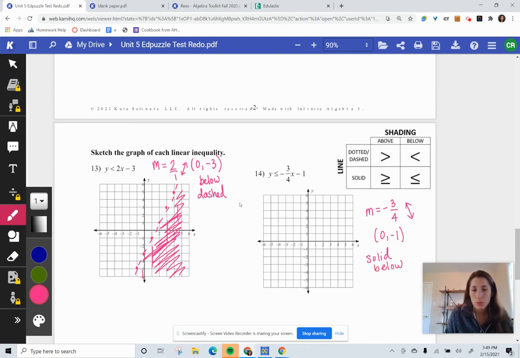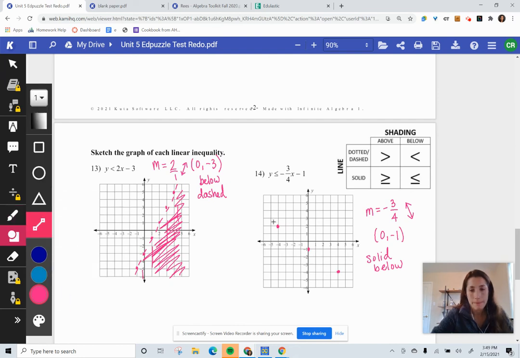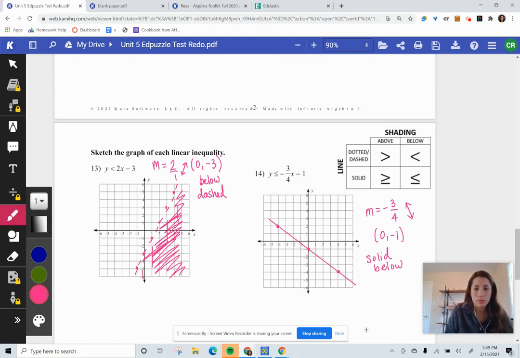So we'll put our first point at -1, down 1, 2, 3 to the right, 1, 2, 3, 4. Up 1, 2, 3 to the left, 1, 2, 3, 4. And then I can use my solid line tool. And then the shading for that would be below the line.